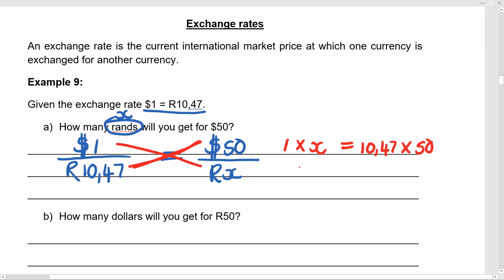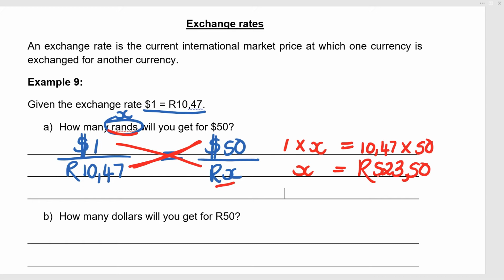Okay, 1 times x is obviously just x. And when I multiply them, I'm going to get the number. I'm going to leave out some space for my unit now. 523.50. I was asking how many rands I get. The x was in rands. My answer is definitely rands.